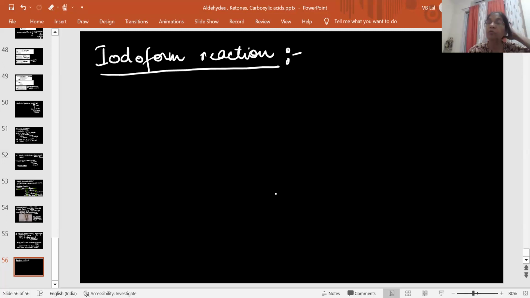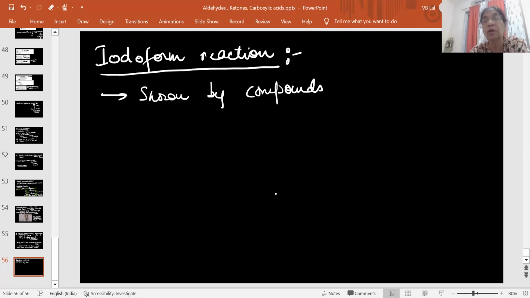all those compounds which have a CH3CO group. What is the speciality of this reaction? It is shown by compounds containing a methyl keto group.